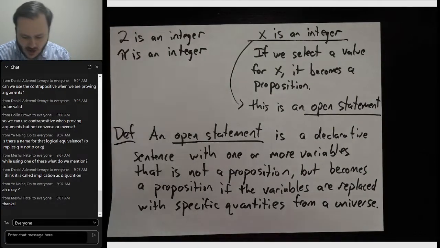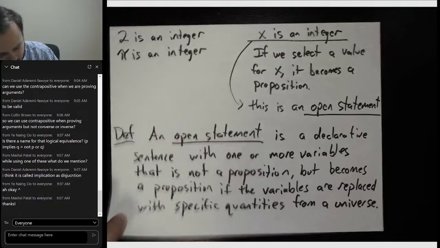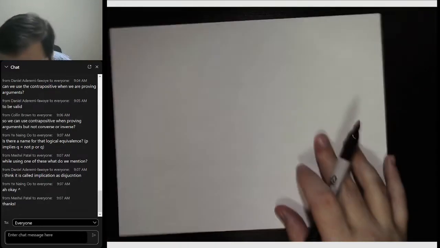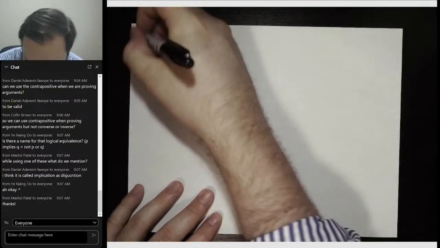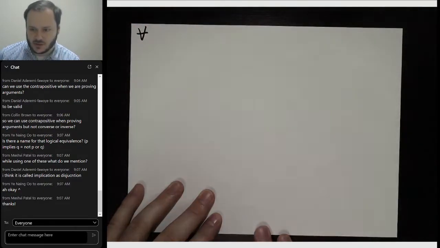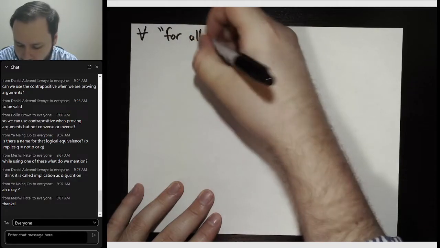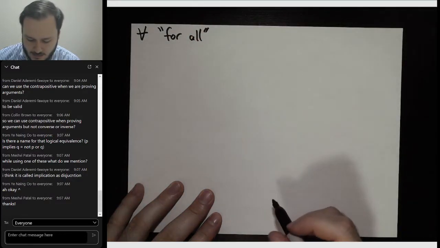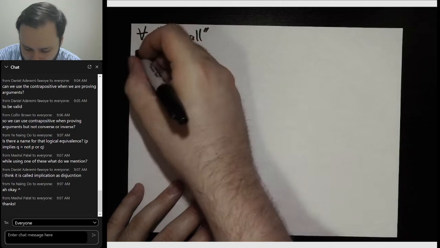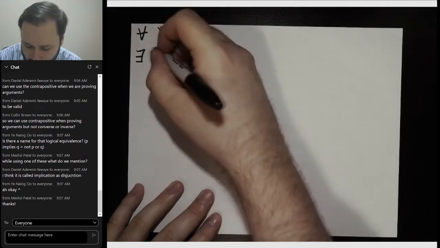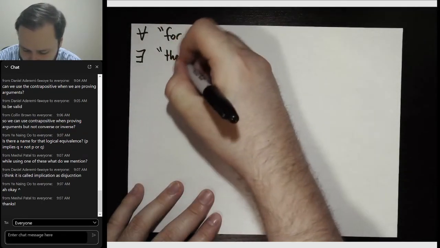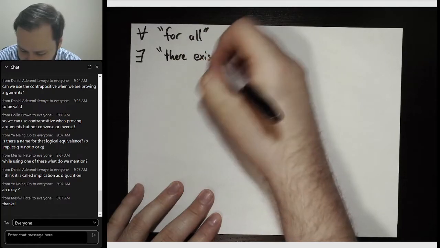And this lets us talk about quantifiers. So two quantifiers we need to know about. One is this symbol, which means for all. And one is this symbol, which means there exists.